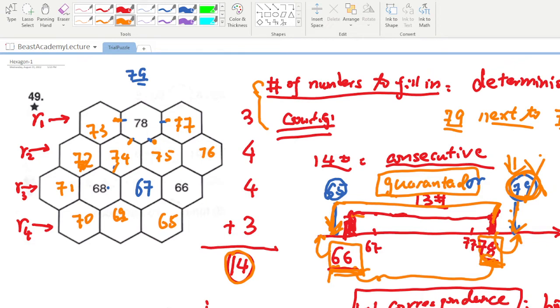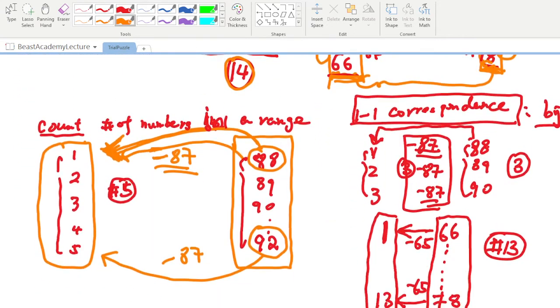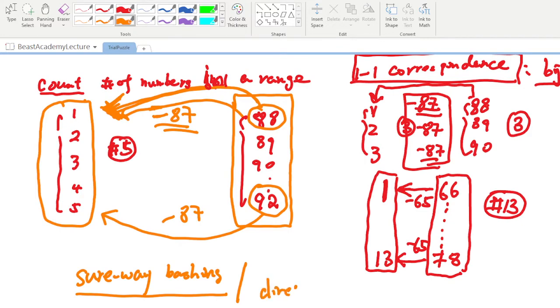Okay, to determine as much as we can and make the rest of them easy. So this one we call the sure way bashing, or you can call it direction guided bashing.